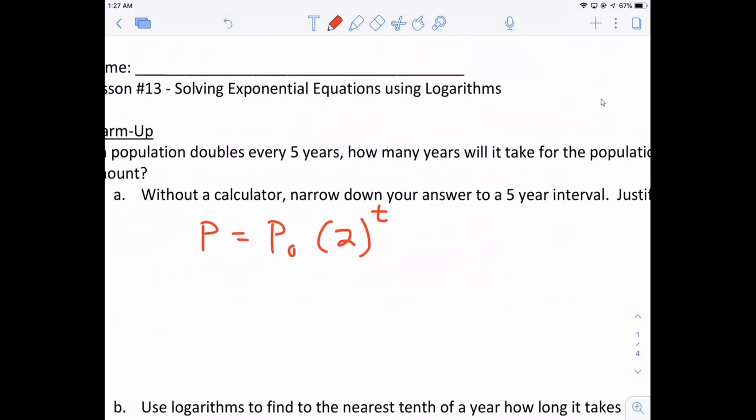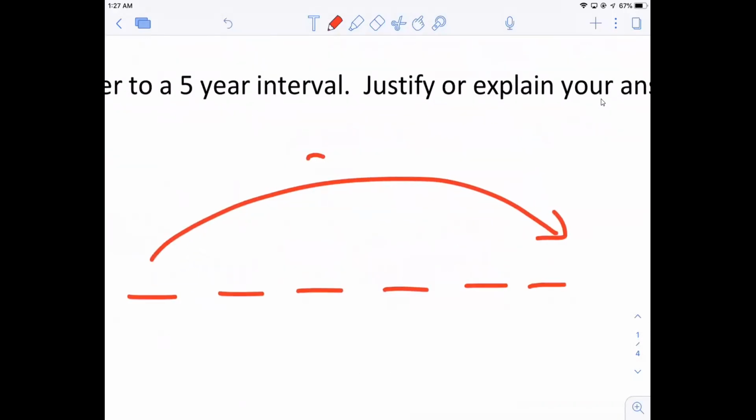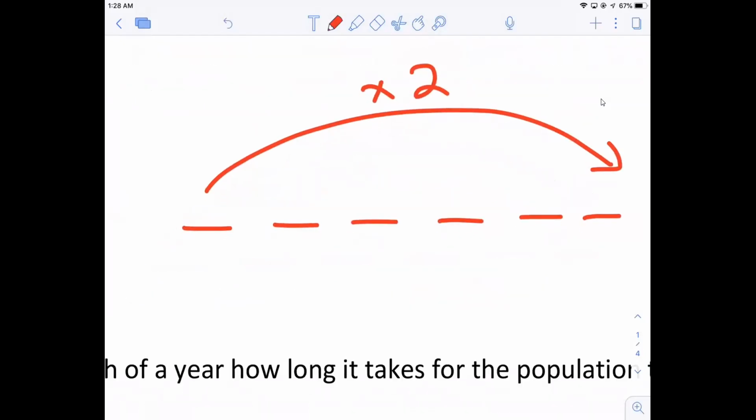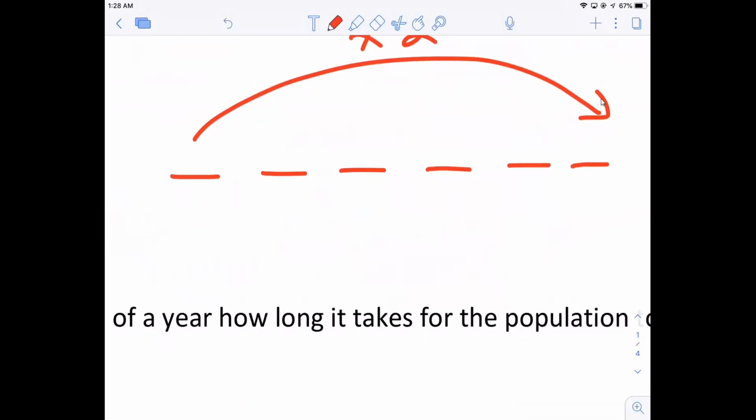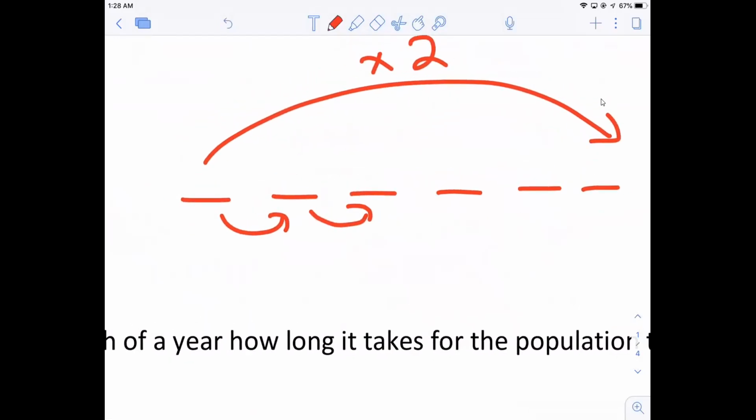All right, so initial population here, it doubles every 5 years, so 1, 2, 3, 4, 5, right? We haven't done this in a while, so I'm just going way back. So in 5 years, we multiply by 2. So how much are we multiplying by each year? Well, we're really going to multiply by the 5th root of 2, right? Because we multiply by the 5th root of 2 five times, that is equal to 2.